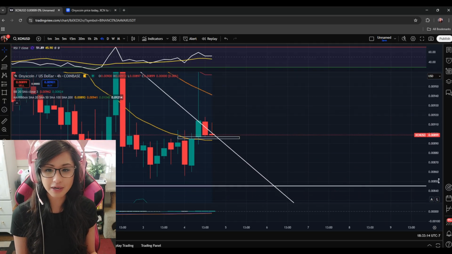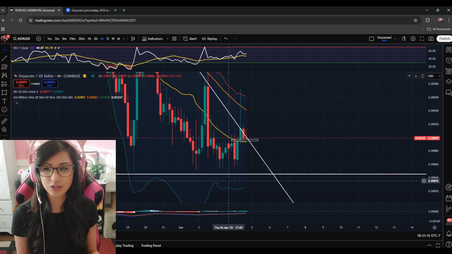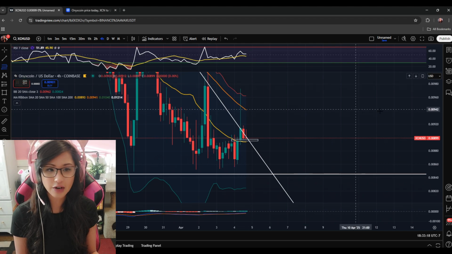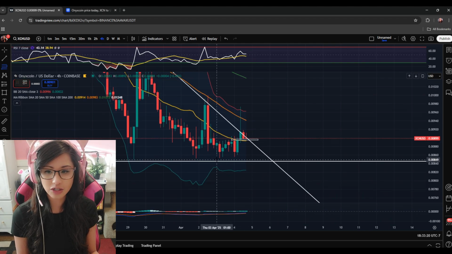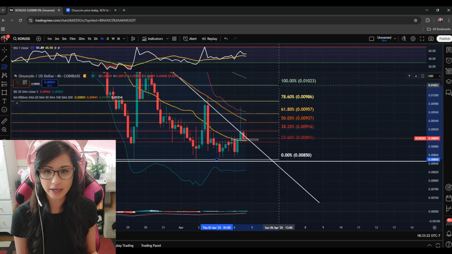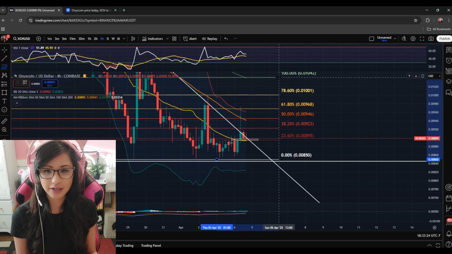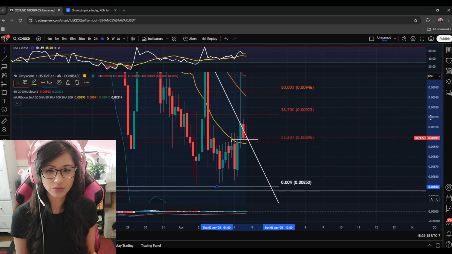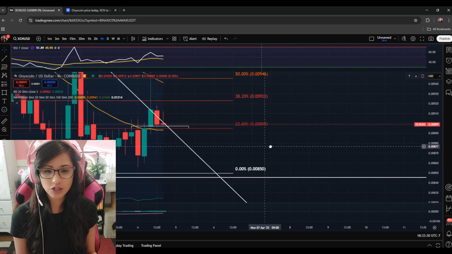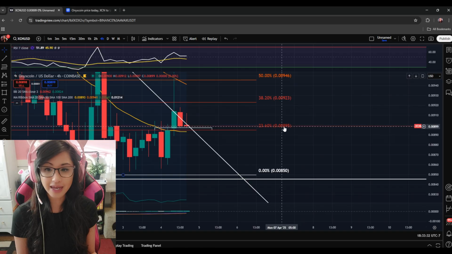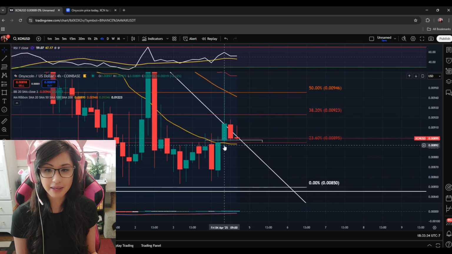Just be prepared for price to retrace closer down to this area of support. If we take a look at our Fibonacci levels, taking it from this lower wick to this highest wick that tested the 50 moving average, we can see that the 23% Fibonacci at 0.008 was around the gap area.